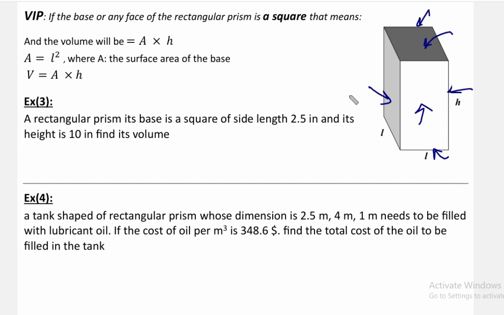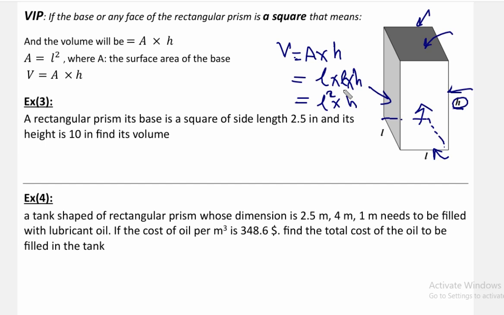So applying the simple rule that the volume equals the area of the base times the length it traveled, the area of the base, which is a square, traveled a length h, and the area of the square is L times L, because you have 2 equal sides. Then the volume will be L squared times h.